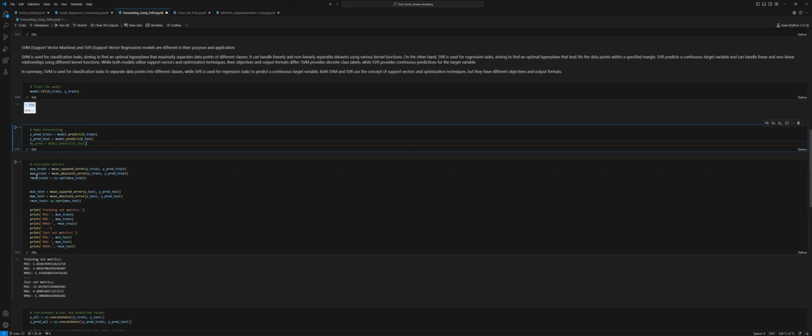So the next thing is to evaluate our model. I have used three evaluation metrics: MSE, MAE, and RMSE.